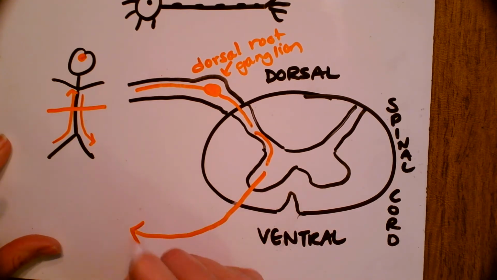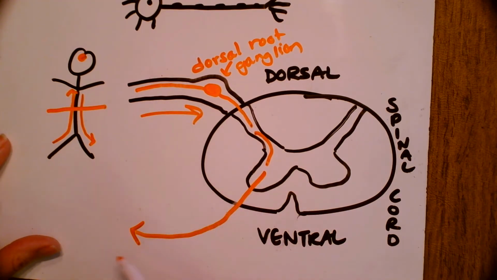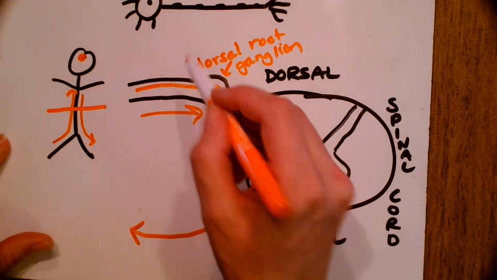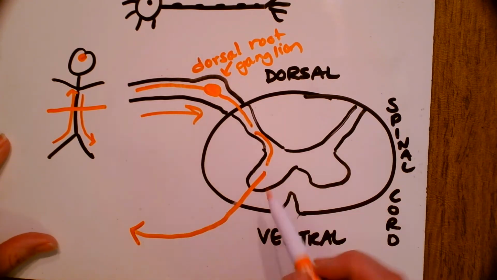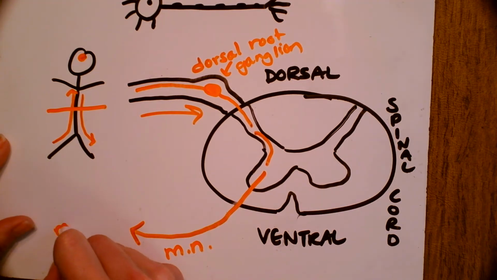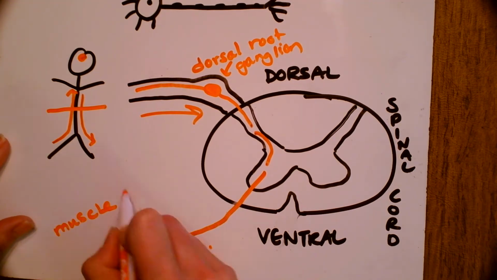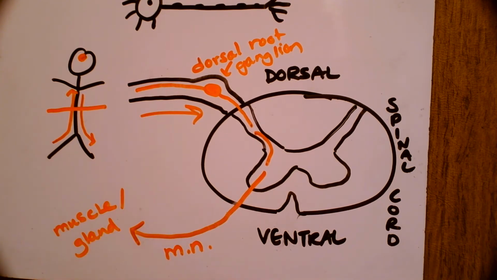It's going to always follow this pathway. So it's going to go this way, and then around, and then out. So you have your sensory neuron, an interneuron, which is in between, and then you have the motor neuron. A motor neuron will stimulate either a muscle or a gland. So this is what's going to allow for you to have a response.